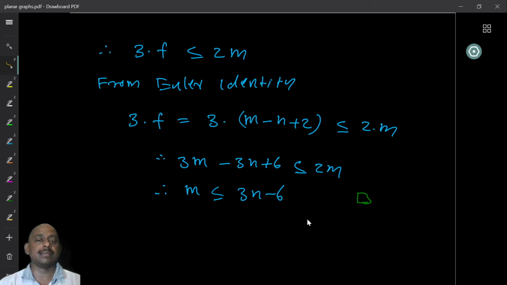If the number of edges is more than 3n minus 6, you know immediately that the graph is not planar, because by this result, any planar graph will have at most 3n minus 6 edges.